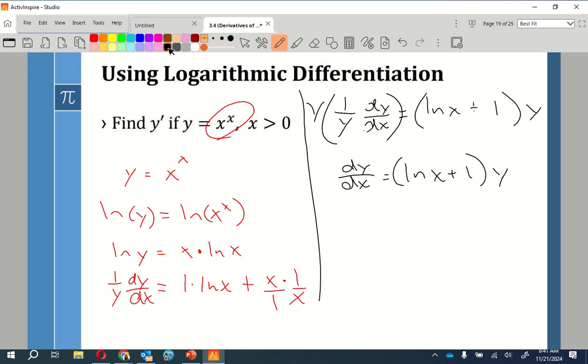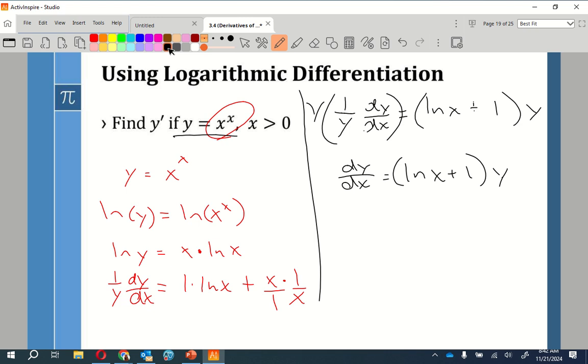Can I leave that y there? Say no. Why? What is y? It's a variable. Oh, okay. It's x to the x.